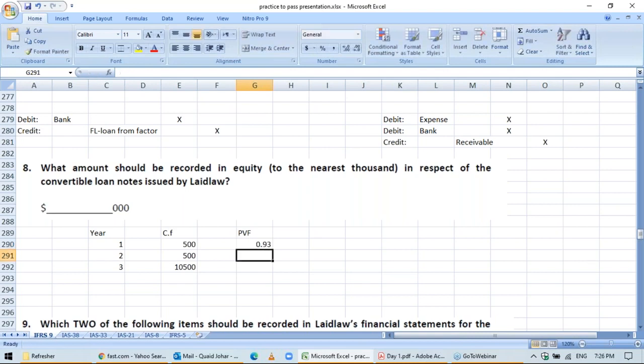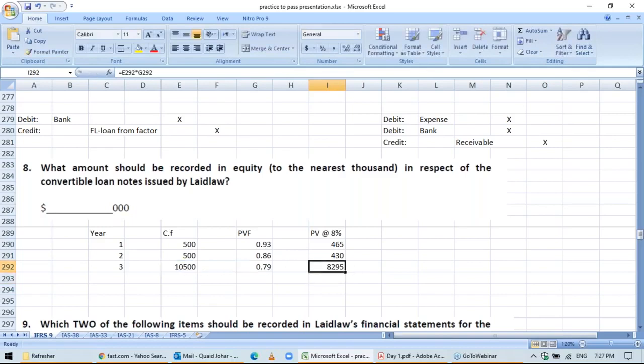and the present value fractions given are 0.93, 0.86, and 0.79. This gives you the present value calculated at the effective rate. So 500 multiplied by 0.93, then 500 multiplied by 0.86, and then 10,500 multiplied by 0.79.